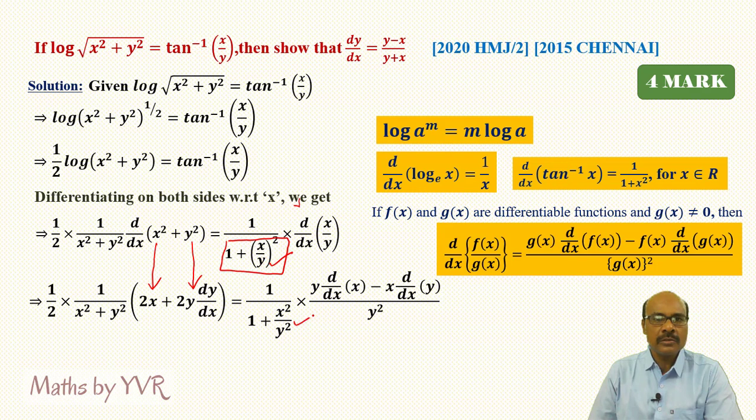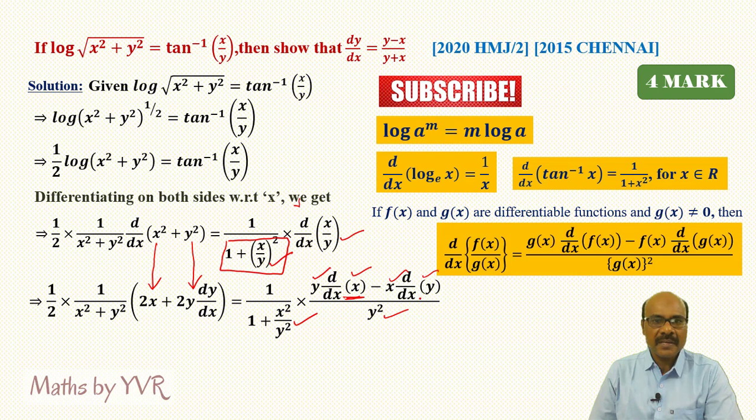So x by y whole square can be written as x square by y square, and here we applied the division formula. That means y into derivative of x minus x into derivative of y, by y square. Here the derivative of x with respect to x is 1 and the derivative of y with respect to x is dy by dx. So what will we get in the next step?